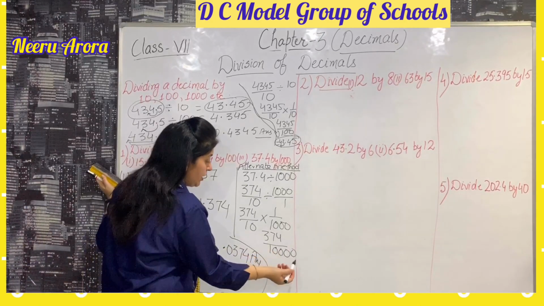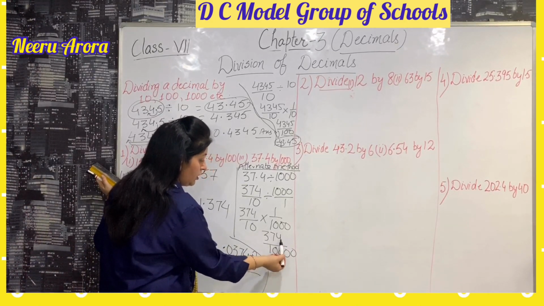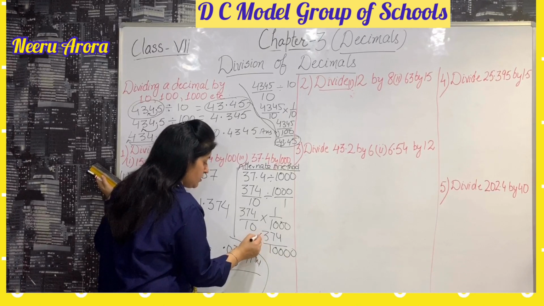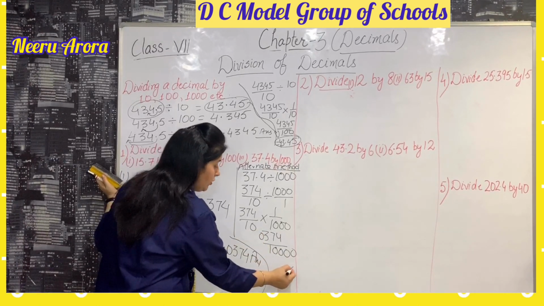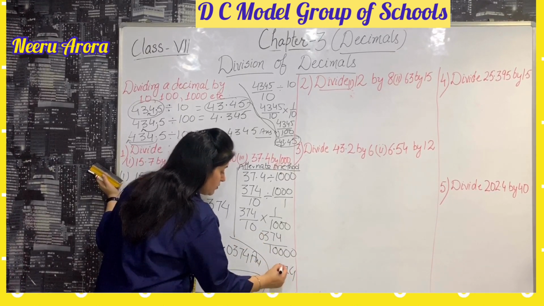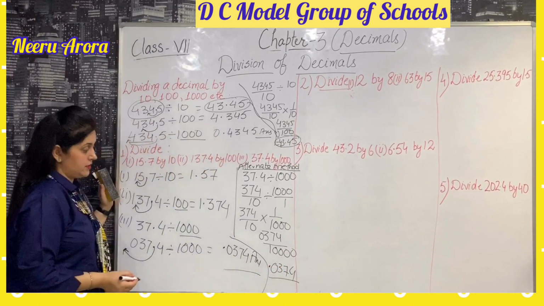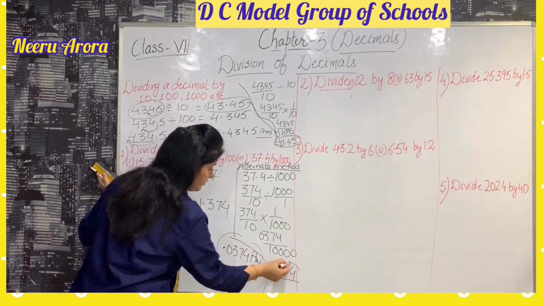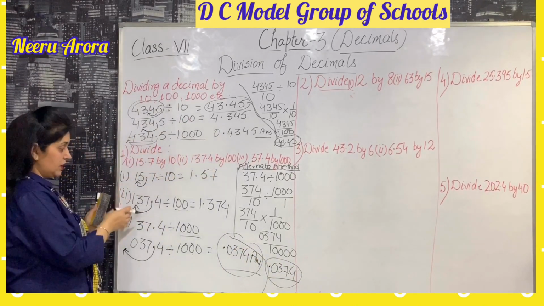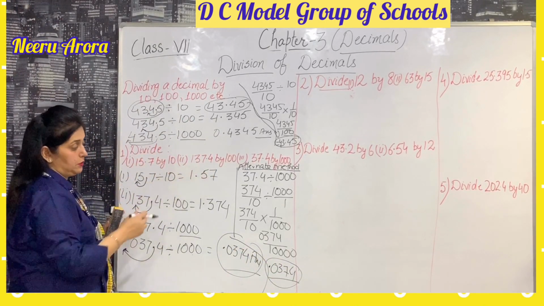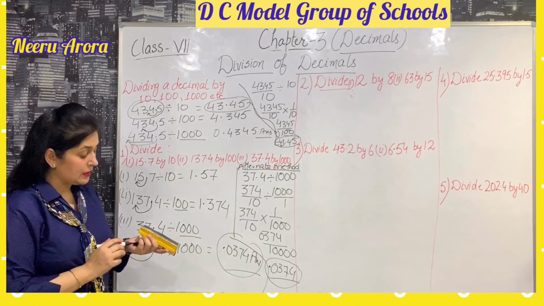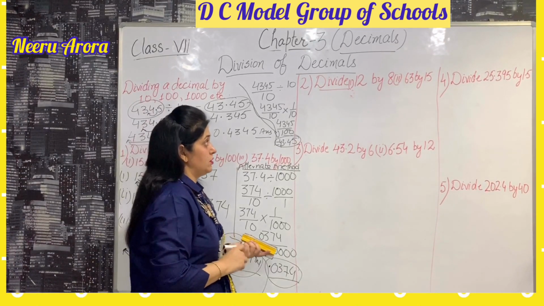So now count the number of digits. 1, 2, 3, 4. 1, 2, 3, 4. So here 1 digit is less. We will put a 0 here. So now leave 4 digits from the right side and place the decimal. So see, the answer is the same. You can adopt this or that way. It's your choice.